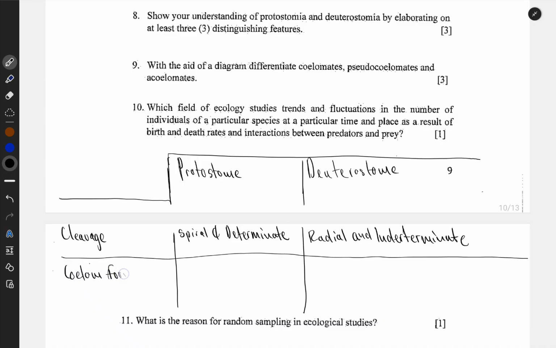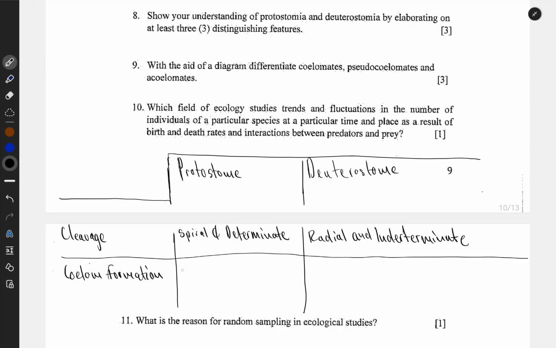Coelom formation is the second difference. Now, what happens in protostome? We have the mesoderm, which is already there. It is on its own. What it just does is it splits. It makes a gap, a cavity inside it. So mesoderm splits.